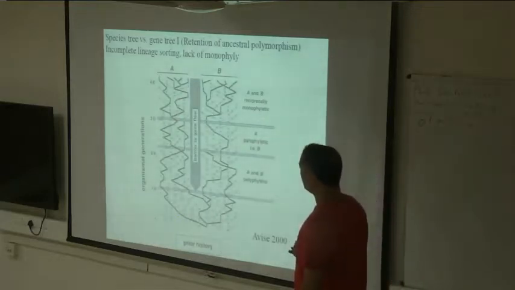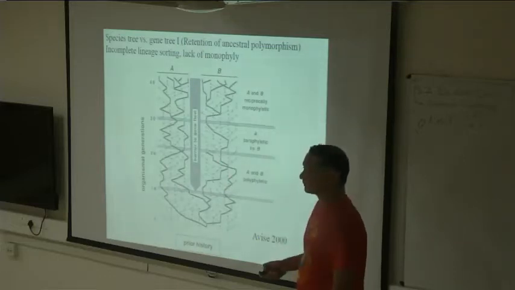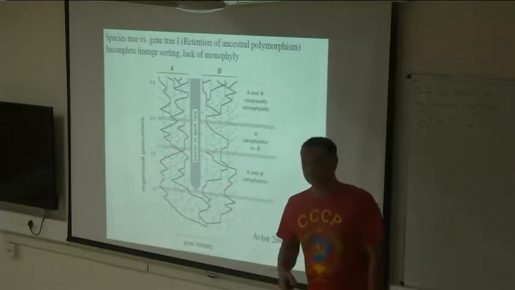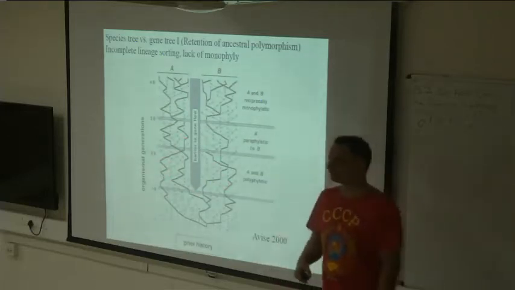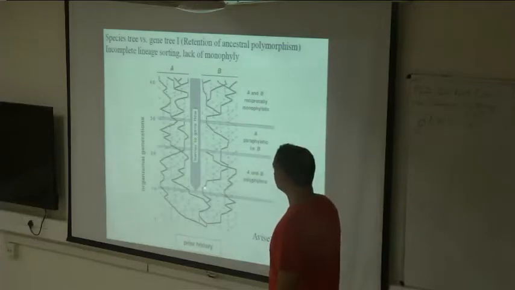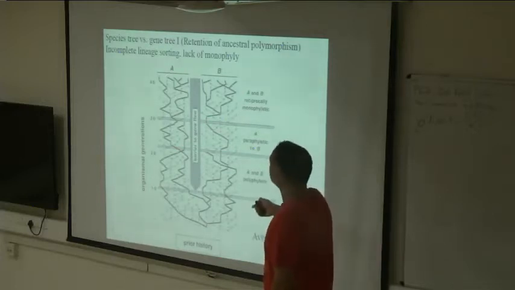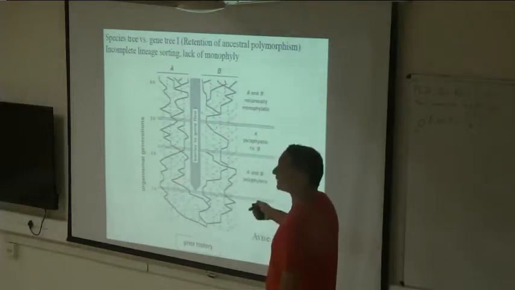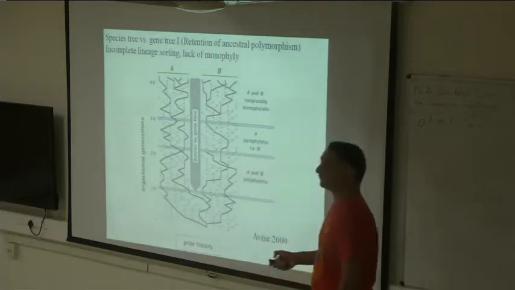This is a condition where, when the speciation event is very recent, species share lineages with each other. So they are polyphyletic, and then they go on to become paraphyletic, and then they become reciprocally monophyletic. Reciprocal, so both are monophyletic, that's why reciprocal monophyly.